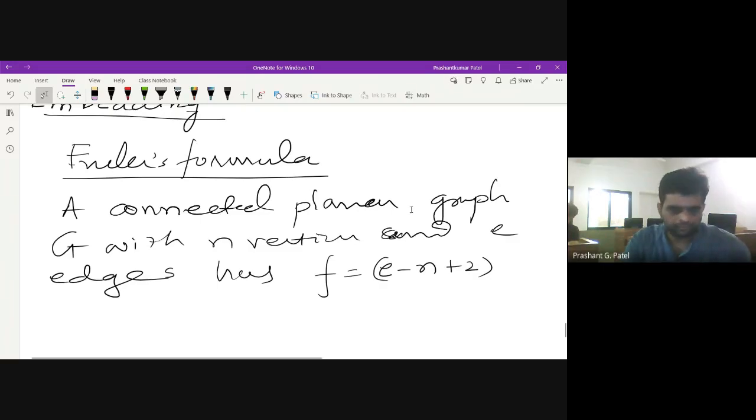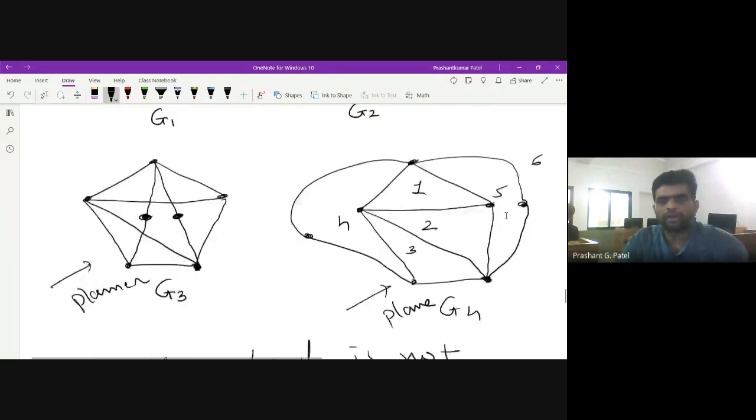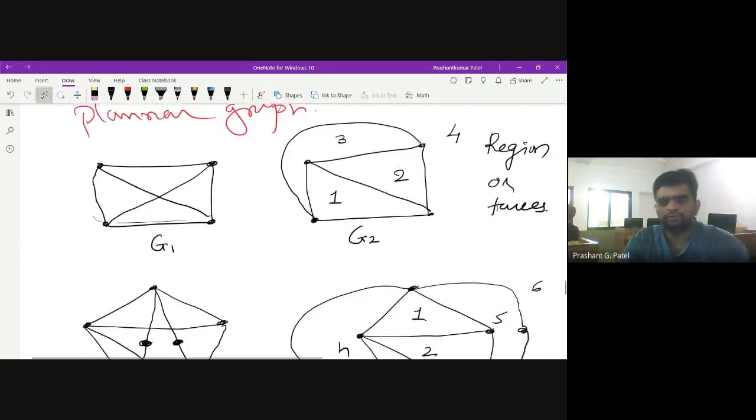Faces or regions, both words are used. For example, the graph we plotted previously has 4 regions.